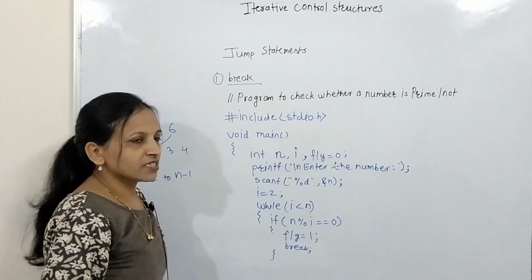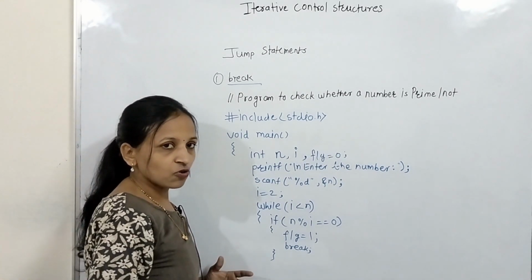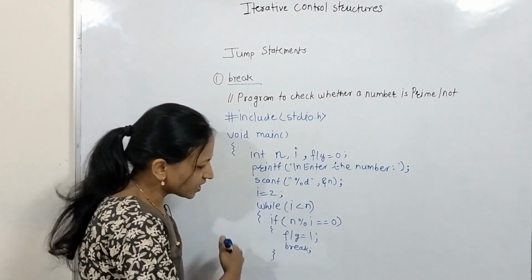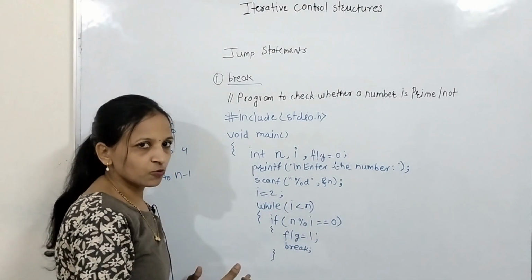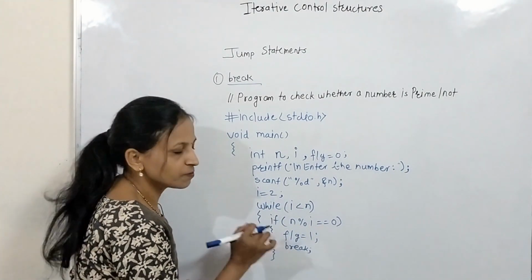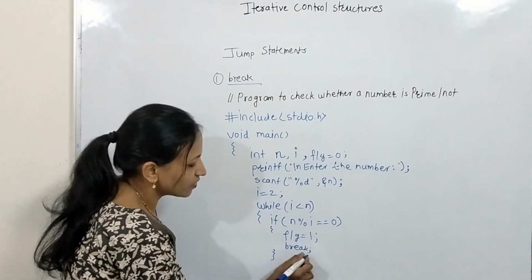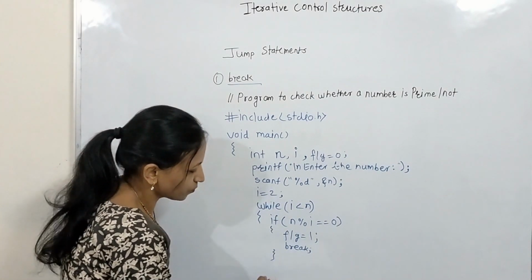These are the normal iterations. We are changing that normal flow with the help of break. At any middle point we are breaking that loop. We can do that with the help of this break keyword. After modifying the value of that flag, we stop the execution of the loop.